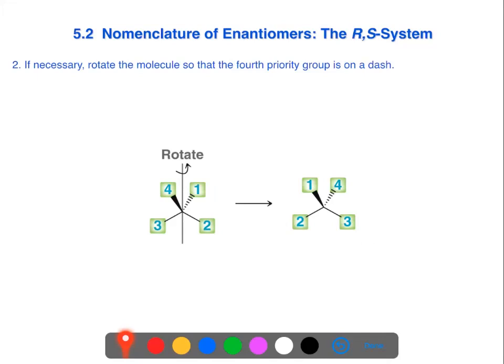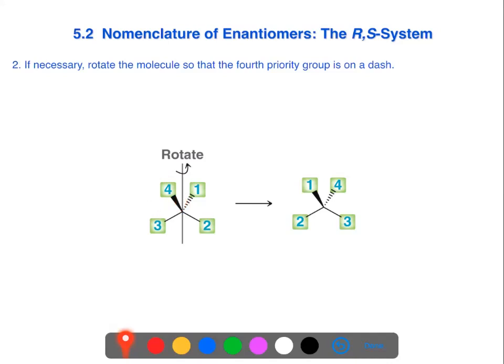So once you've assigned the priority to each of the groups attached to the chirality center, it may be necessary for ease of viewing to rotate the molecules so that the fourth priority group, or the lowest priority group, is on the dash. And so as you can see in this example, how it's shown here is that the lowest priority group is coming out towards you.